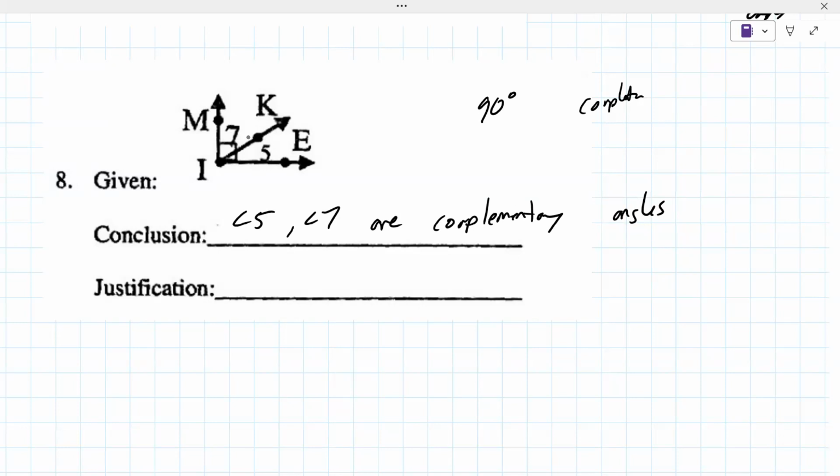That leads to the fact that they add up to 90 degrees. But here, you can only say that they are complementary, and your justification is, again, definition of complementary angles. You should detect a pattern that you tend to reuse that over and over again, that definition of.